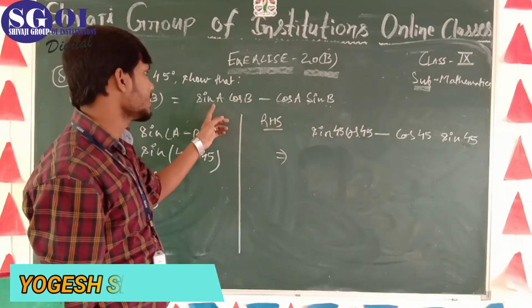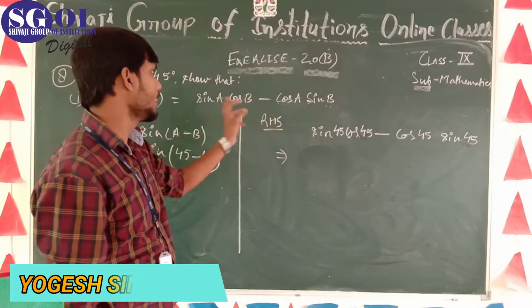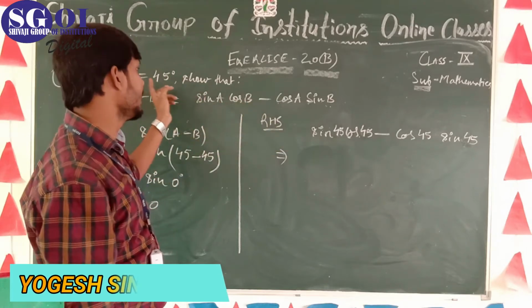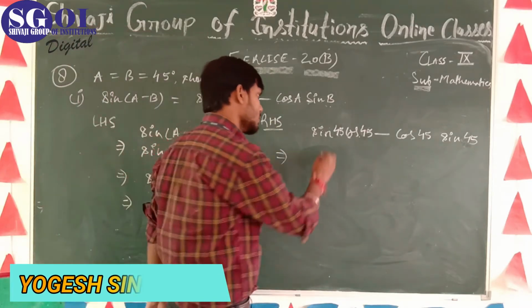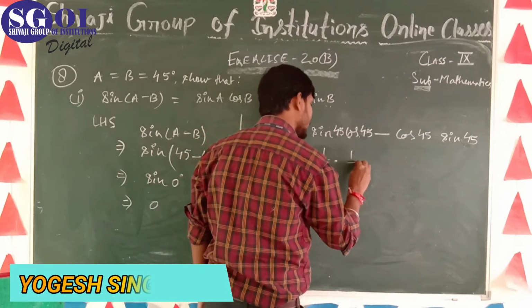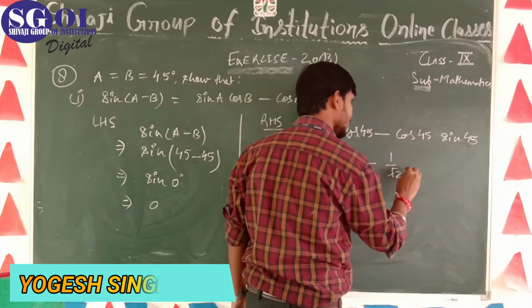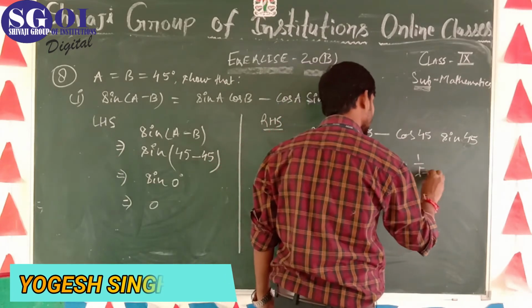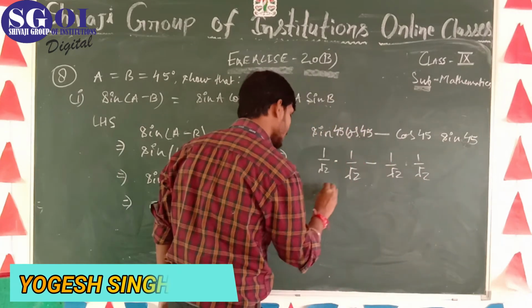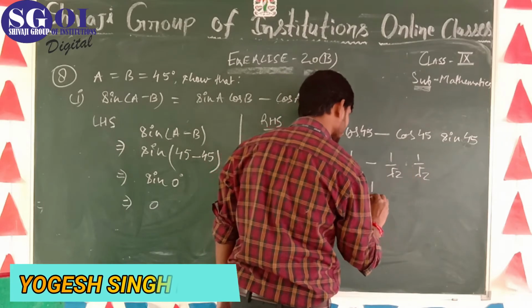The RHS is sin A cos B minus cos A sin B. So in RHS we put A is equal to B is equal to 45. So sin 45 value is 1 by root 2, cos 45 value is 1 by root 2, minus 1 by root 2 into 1 by root 2. So 1 by root 2 into 1 by root 2 comes 1 by 2, minus 1 by root 2 into 1 by root 2 comes 1 by 2.